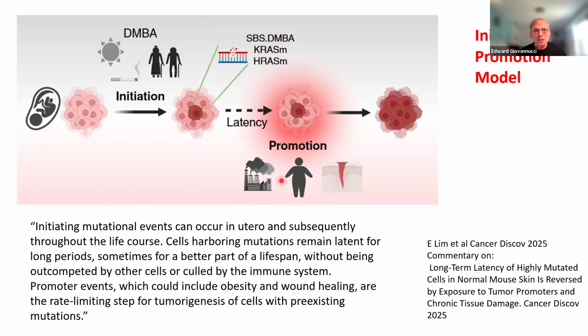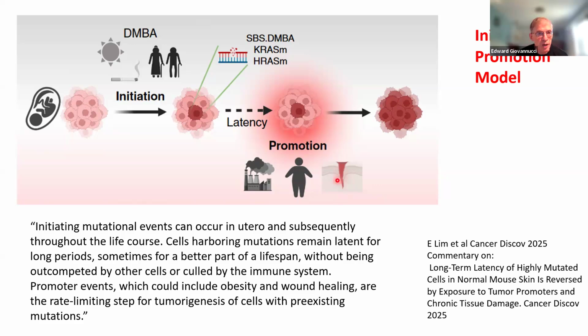And a promoter is typically something like, here's just a schematic picture, pollution or smoking, obesity, probably hormones related to obesity, like estrogens for breast cancers could be promotion. And then this picture's a little obscure, but it's usually inflammation. Anything that causes chronic inflammation in the tissue will be a promoting factor.